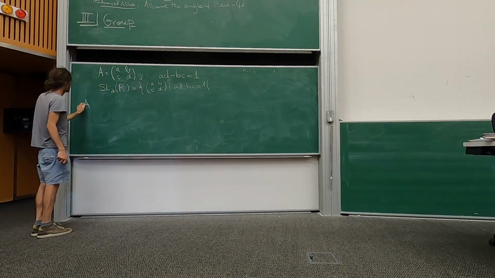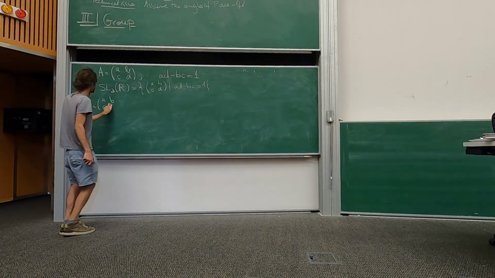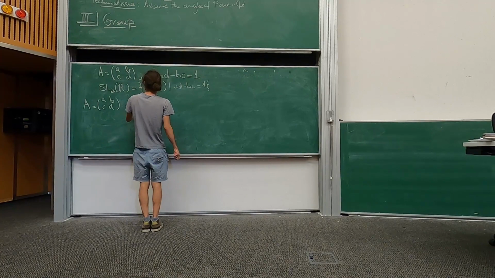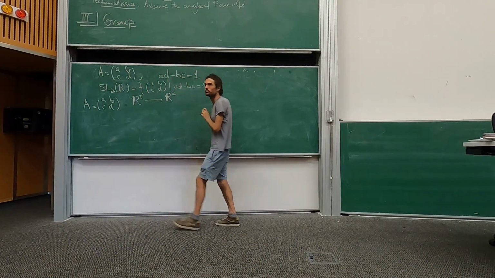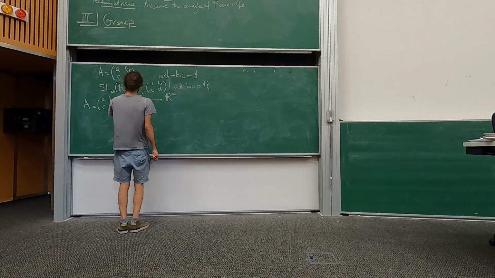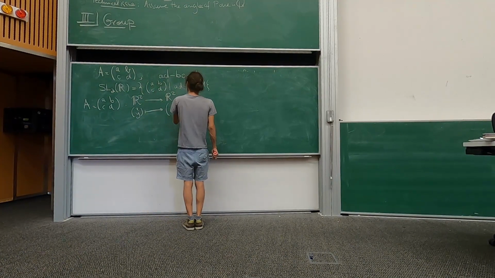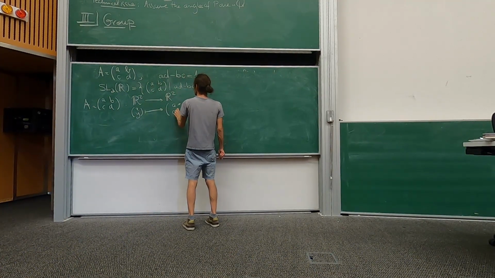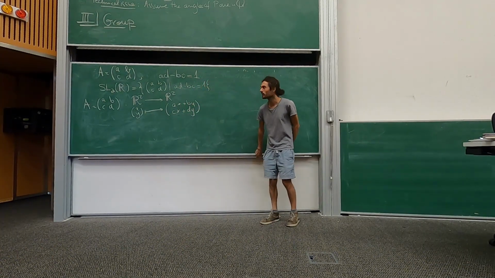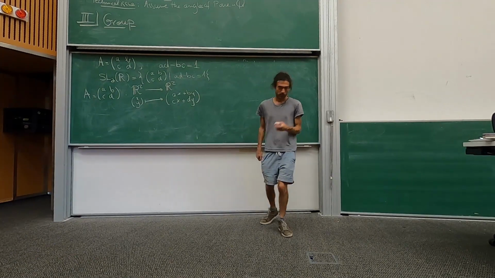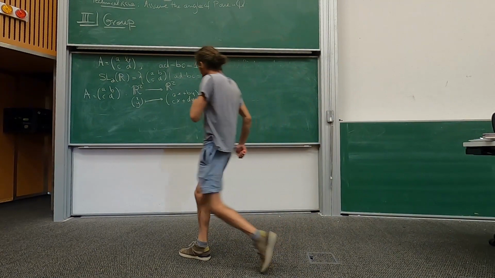Maybe you know that if you have a matrix like that, you can see it as a function from R2 to R2. It's the function (x, y) maps to (ax plus by, cx plus dy).